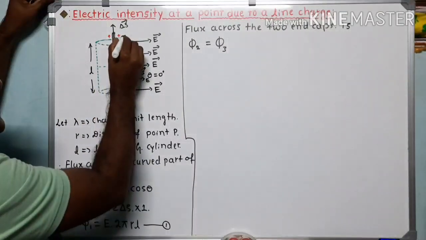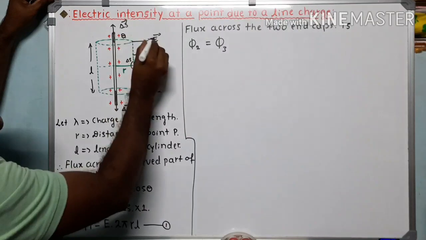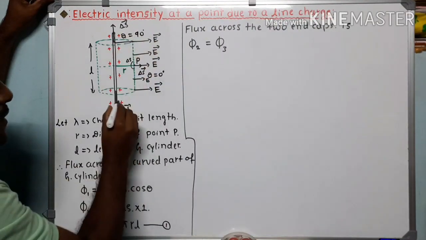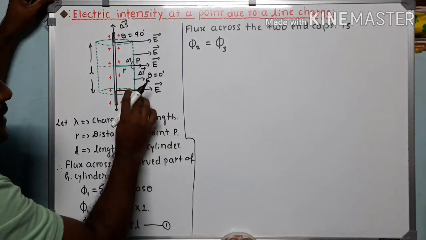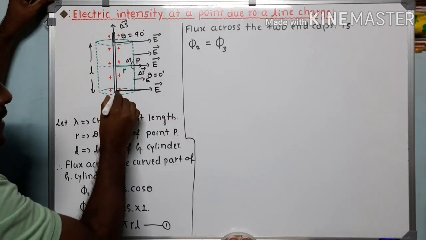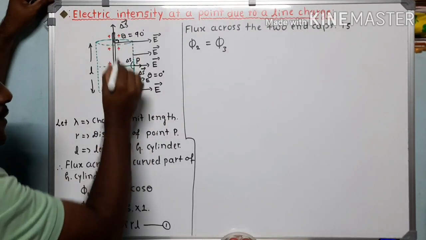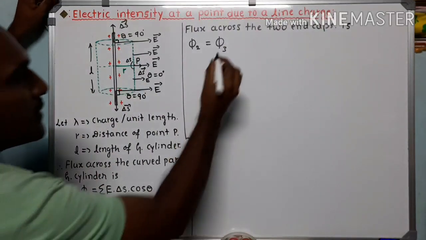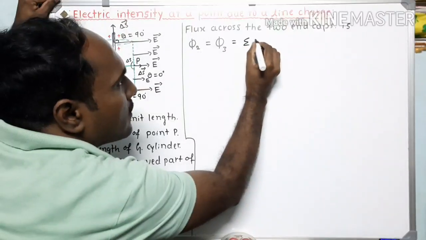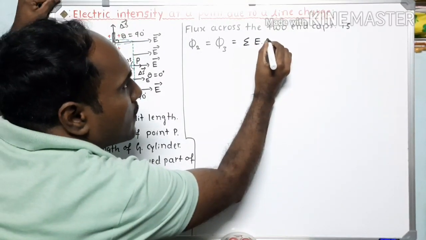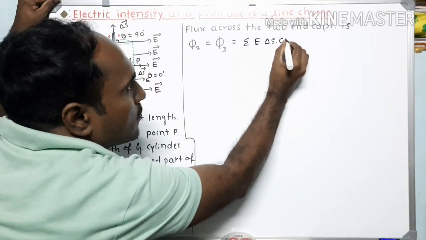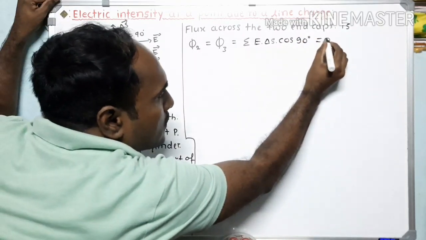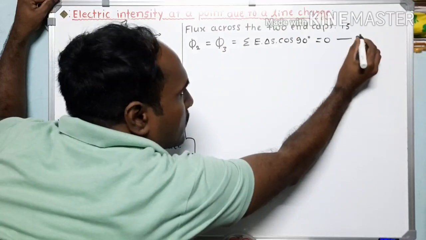So here theta, the angle between delta S vector and electric field vector, becomes 90 degree. Here also the electric field vector is this way, the area vector is this way, and this is also theta equal to 90 degree. So see here, summation of E into delta S into cos 90 degree is equal to 0, call it equation 2.